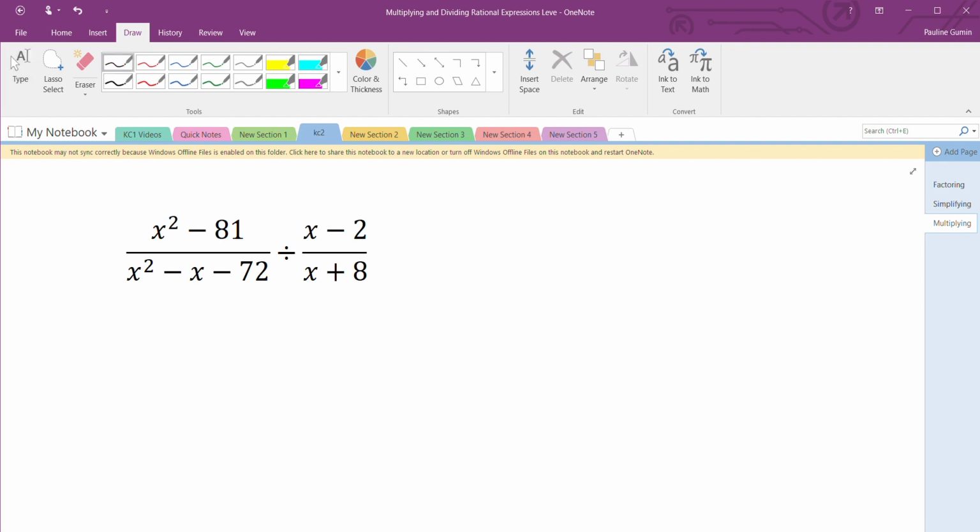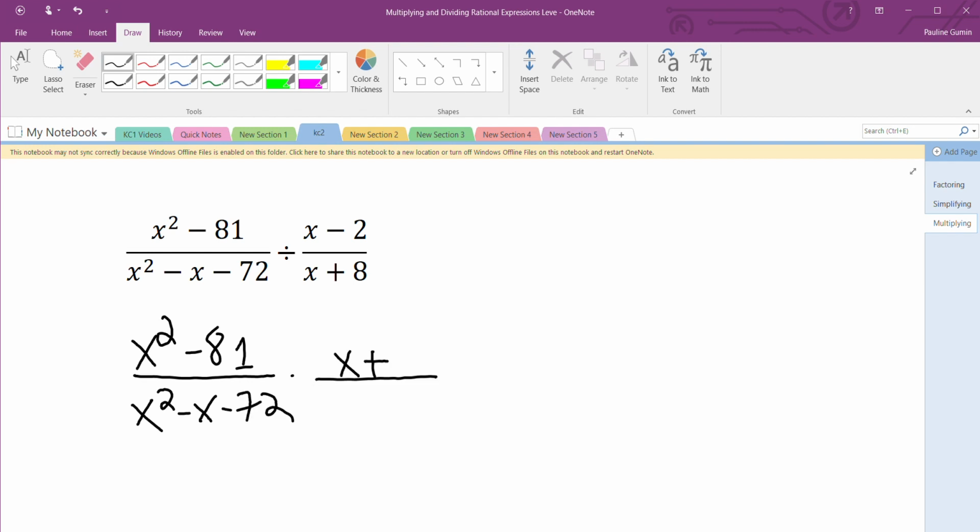I know. Okay. So here we have a division problem. What's awesome about these, this is actually a multiplication problem. Let me show you why. The first step to every single division of rational expressions is always rewrite it as a multiplication problem by flipping the second fraction and making it multiplication.